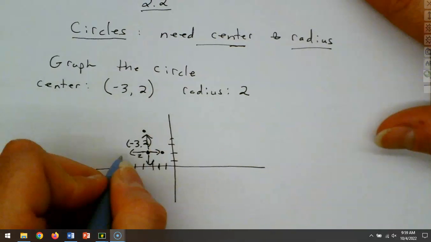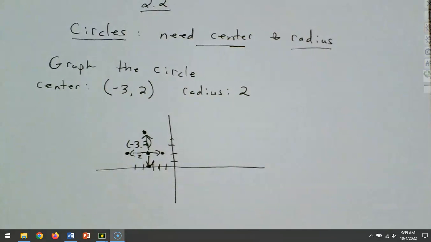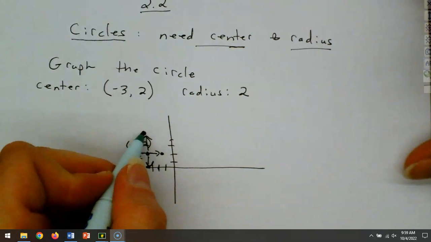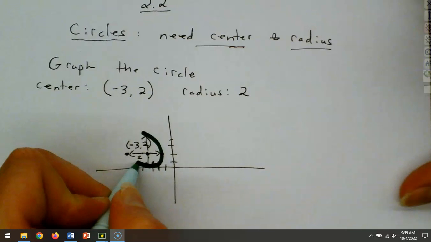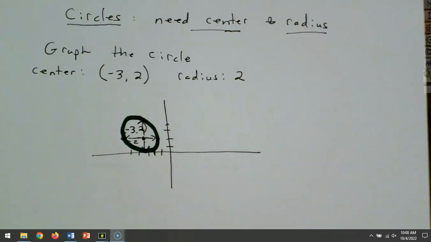These are all 2 units from the center, and now we can connect them together and make our circle. So what I did was I plotted my center first, and then I went 2 units in each direction. So that's how we do one of those.